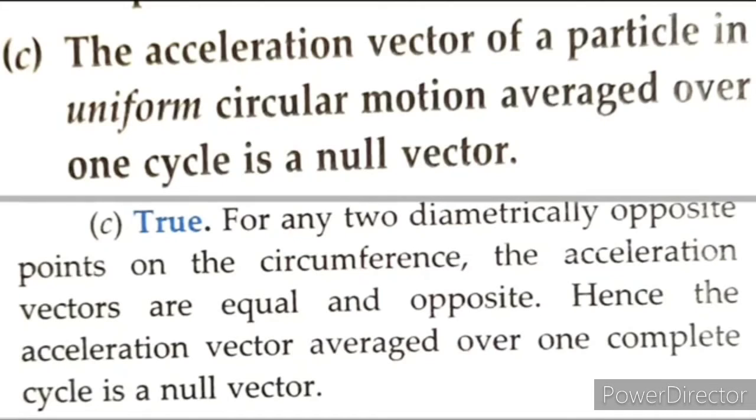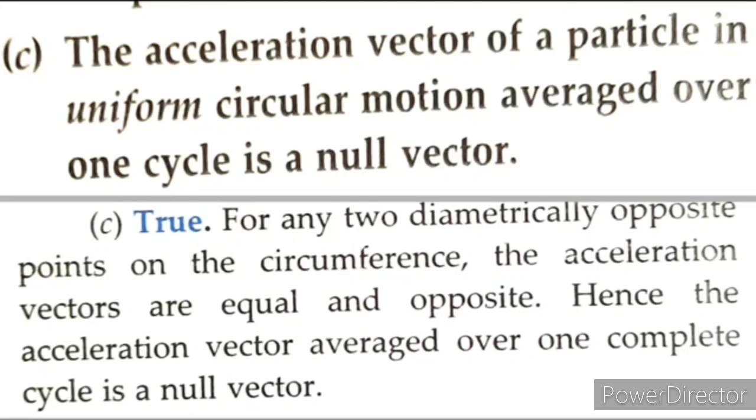The acceleration vector of a particle in uniform circular motion averaged over one cycle is a null vector. So when we average over one cycle, we will get it to be a null vector, because for any two diametrically opposite points on the circumference, the acceleration vectors are equal and opposite.